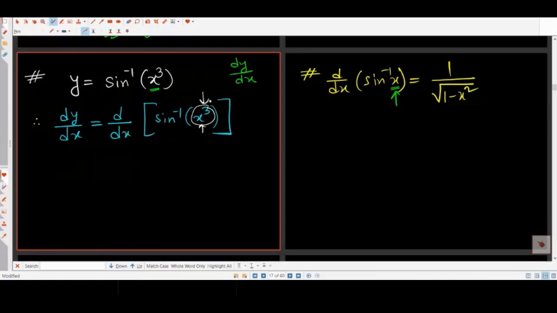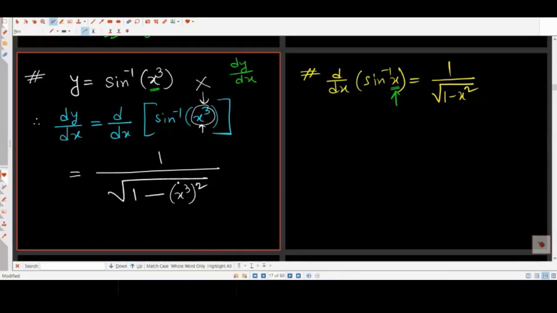So we can think about this one as x, that is, we can apply the chain rule. So d/dx of inverse sine of x cubed will be 1 over square root of 1 minus (x cubed) squared. That means x cubed has been considered as x.